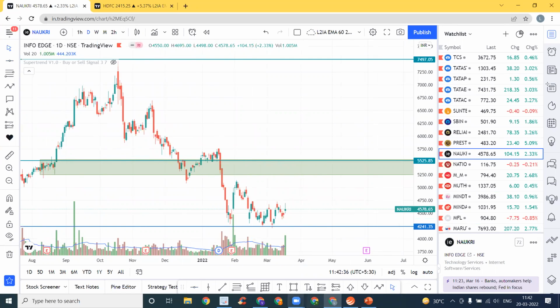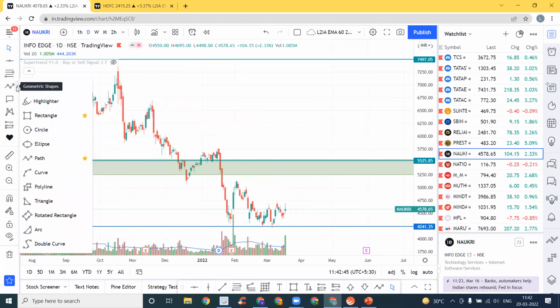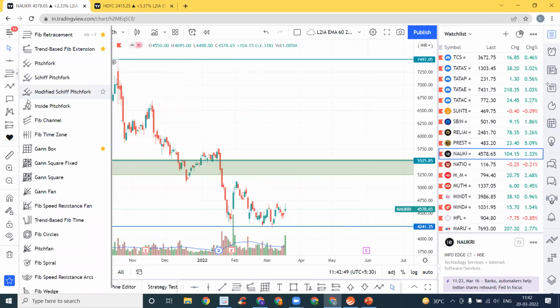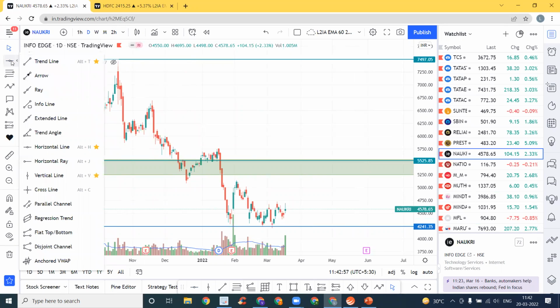So what I do is pick up the trend line. The trend line is available here also.